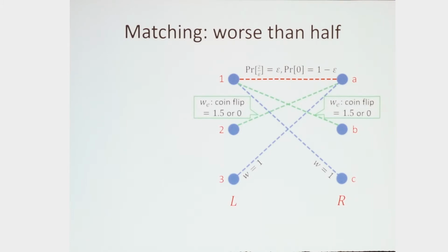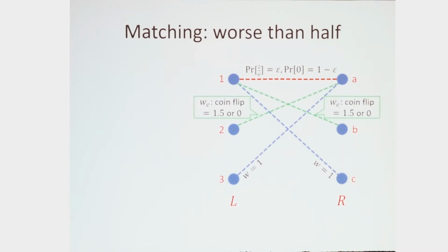This instance has 6 vertices on either side, 5 edges. The red edge is this high risk, high value edge with expected value of 2. There are 2 green edges which effectively come as either 1.5 or 0 with a coin flip, so it's 50-50.